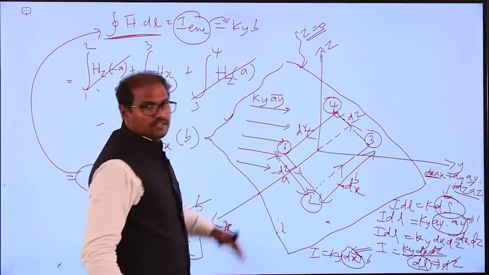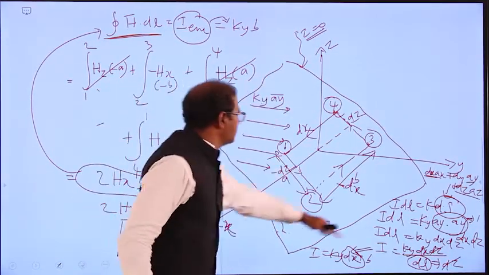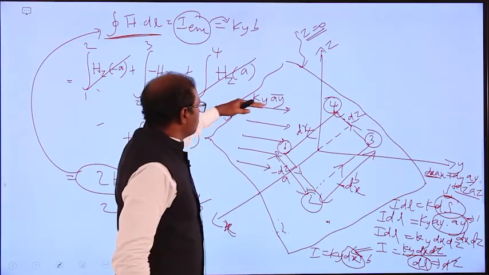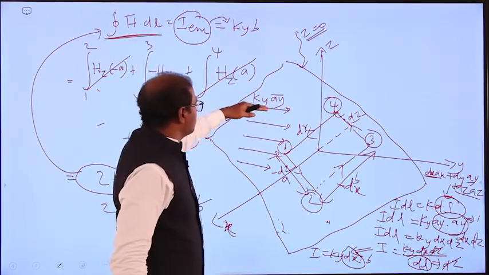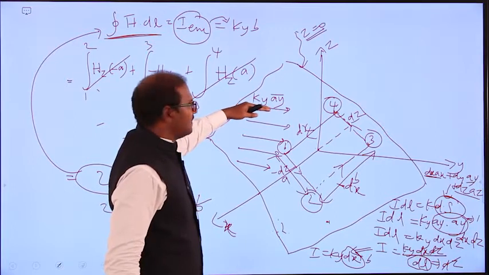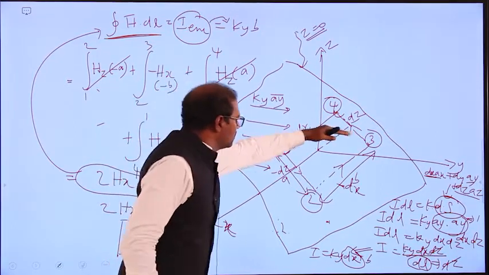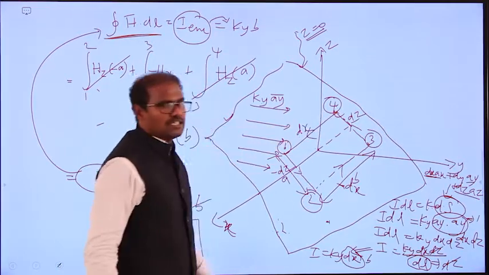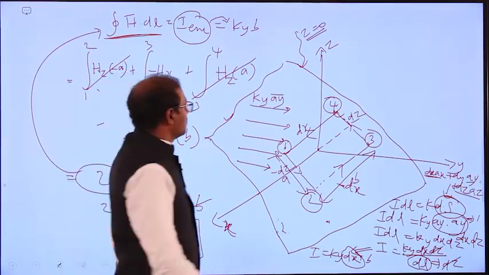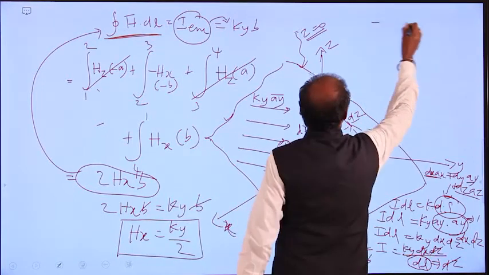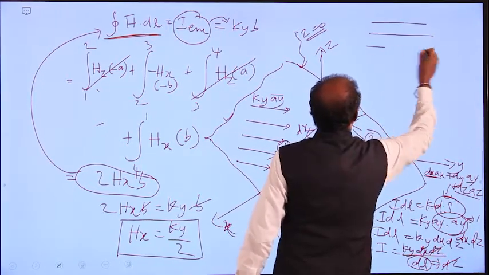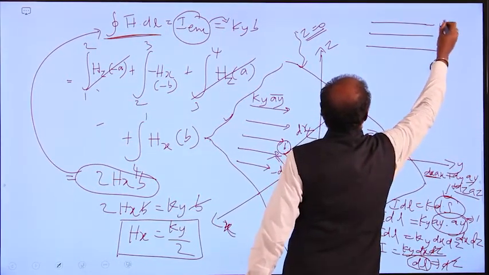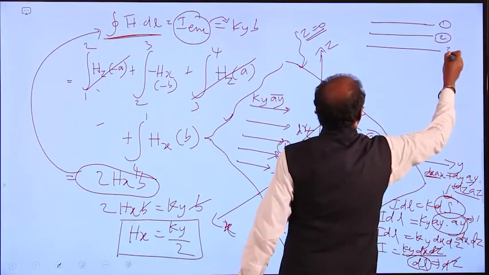Because I told you this is an infinite sheet, the surface current density Ky will be moving along the ambient path, and you have to calculate H. Now these are many current elements: current element 1, current element 2, current element 3.